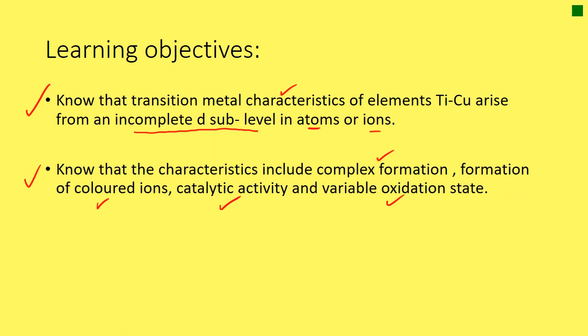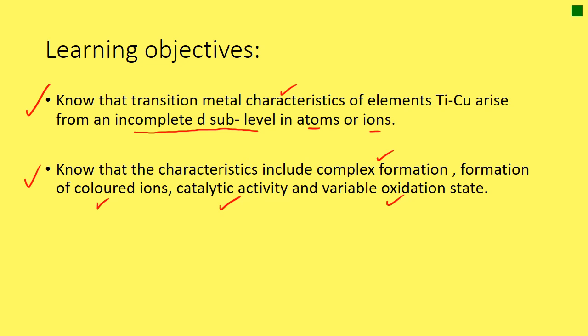But before we finish, let's just check that we've covered off our learning objectives. So now we studied electronic configuration of transition metals and saw that they have incomplete D sublevels in both their atoms and their ions, and that's what gives them their characteristics.